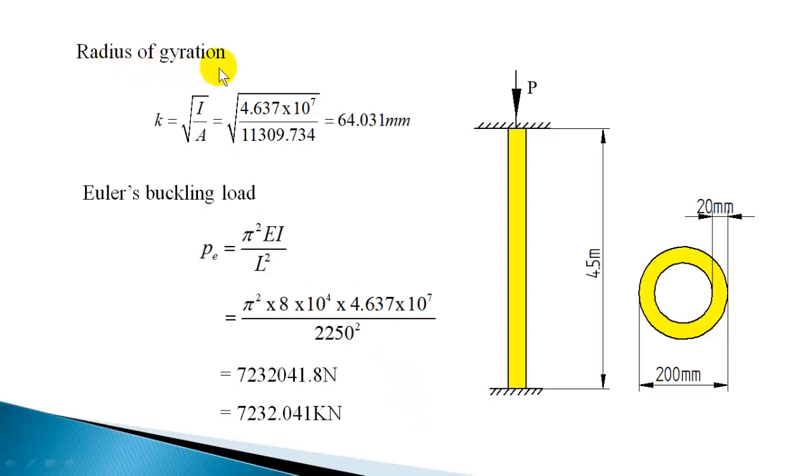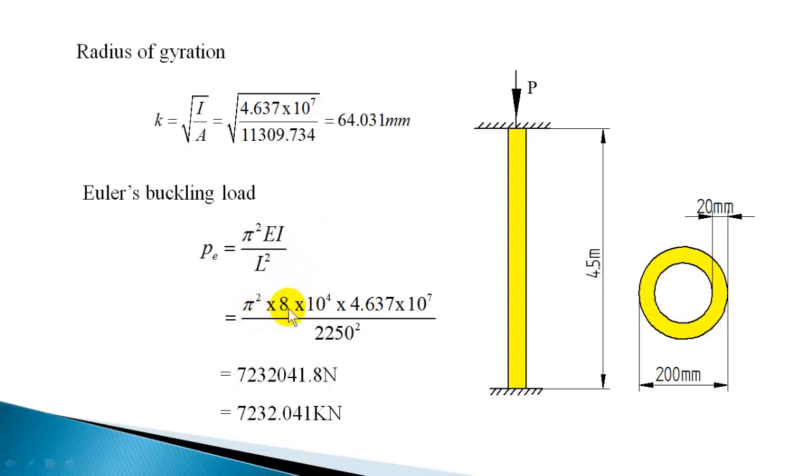Now you can calculate the radius of gyration k as root of I by A. I we have calculated and area also we got. Substituting that, you get the radius of gyration as 64.031 mm for this column cross section. Now Euler's buckling load you can calculate as P is equal to pi square EI by Le square.